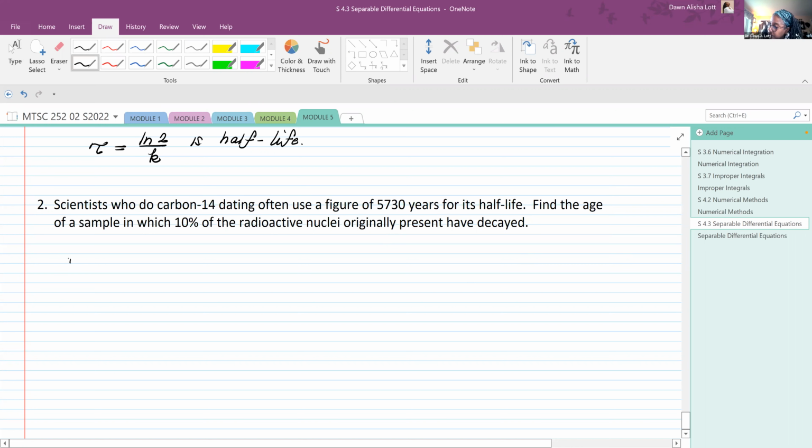So given, the first thing is the half-life, tau is equal to 5,730. The other thing that's given is 10% of the nuclei present have decayed.